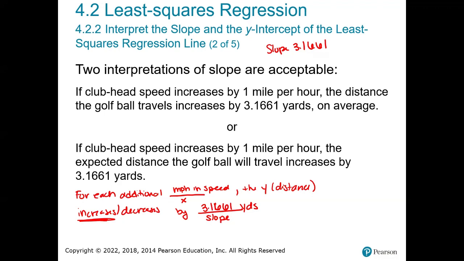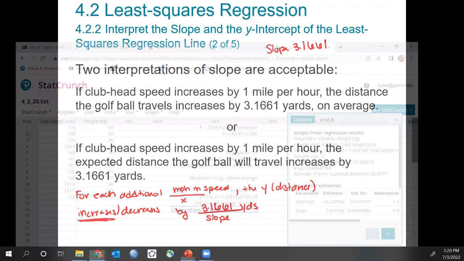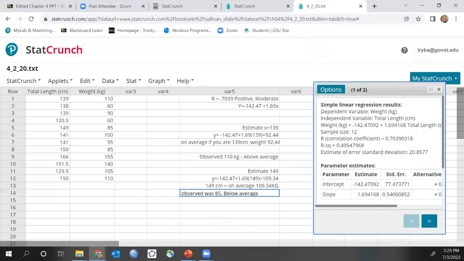I could go back and look at any other example here. So let's go back and look at this one that we did. For each additional x, so x is centimeter in length, L-E-N-G-T-H, the weight... and what was our slope?